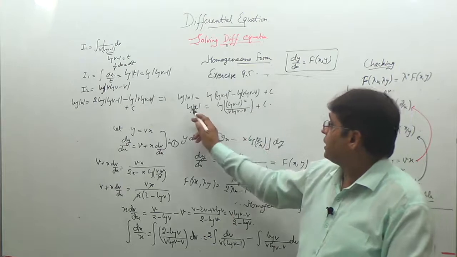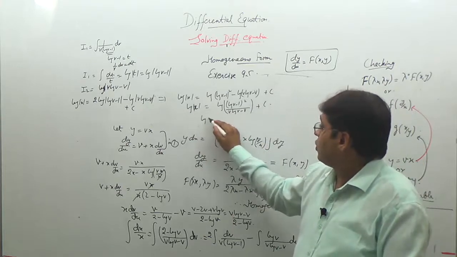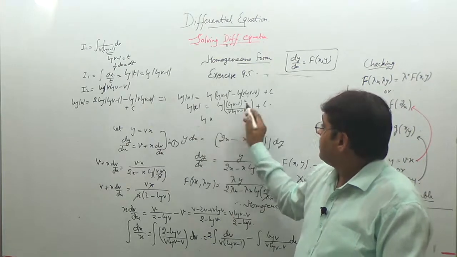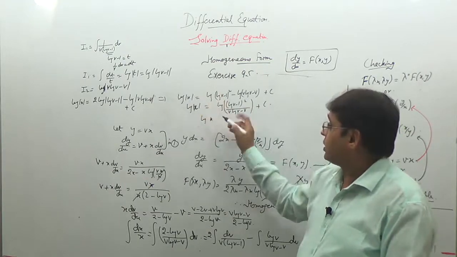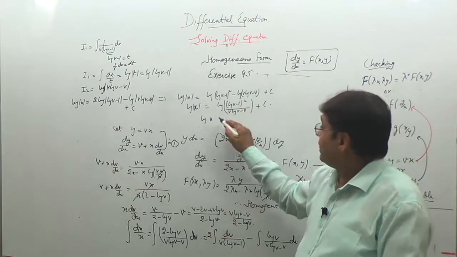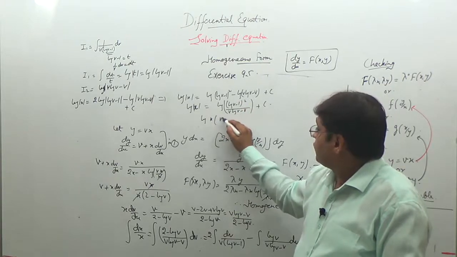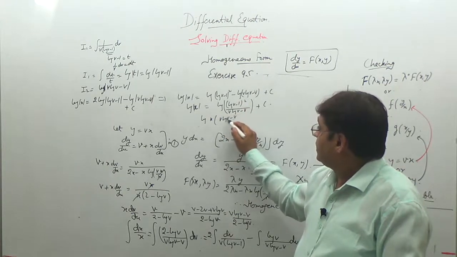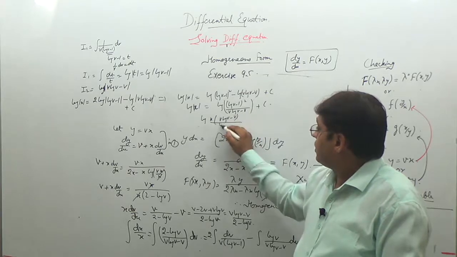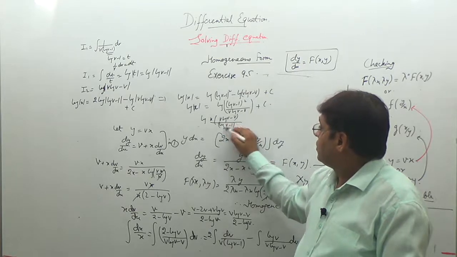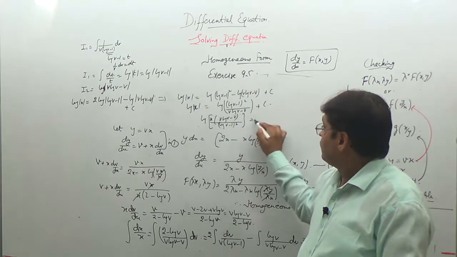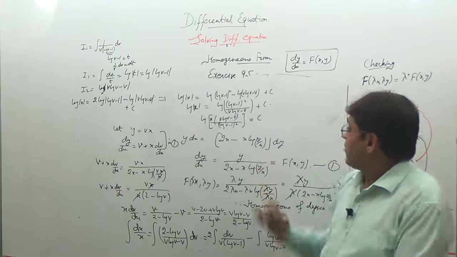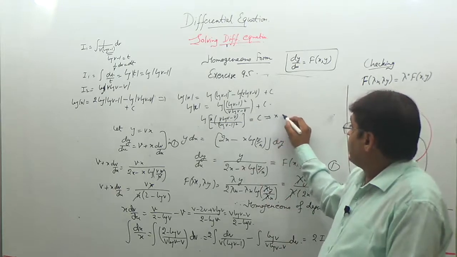Now this can be taken there, so you will get log of x minus log of this, so you will get log m minus log n, that is log of m upon n. So this will become v log of v minus v upon log of v minus 1 whole square, which will be equal to c, and this further can be written as x.